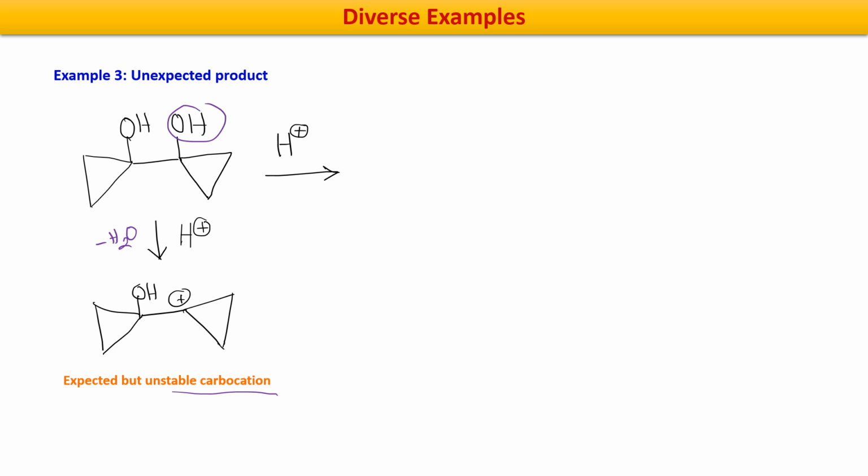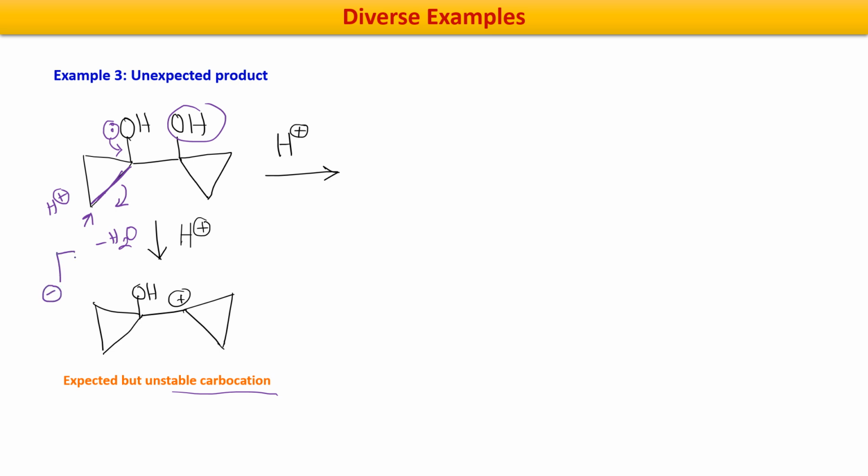So instead, what can happen? The other mechanism that will happen, suppose the H plus you are placing it here, and this lone pair is pushing its electron, and this CC bond will be broken. Suppose there is some negative charge generation at this position, so that negative charge will take this H plus. So you can think of it like this.